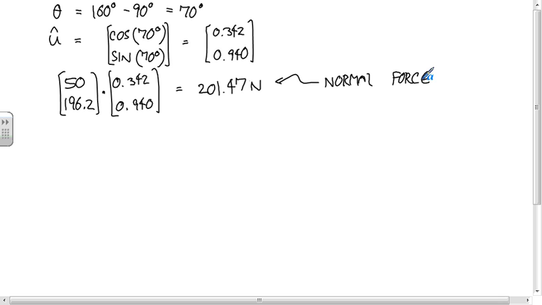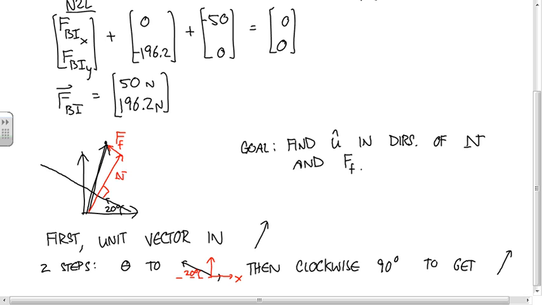Okay, so now the friction force. It's more of the same, but let's go through it. Basically we want the angle that we had the first time. We're going to go from the positive x-axis to the incline, so we can just use that 160 that we had before.